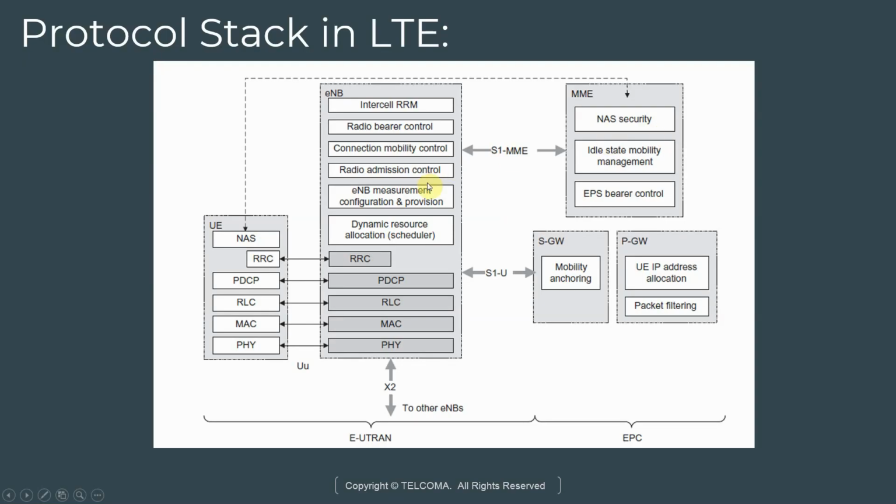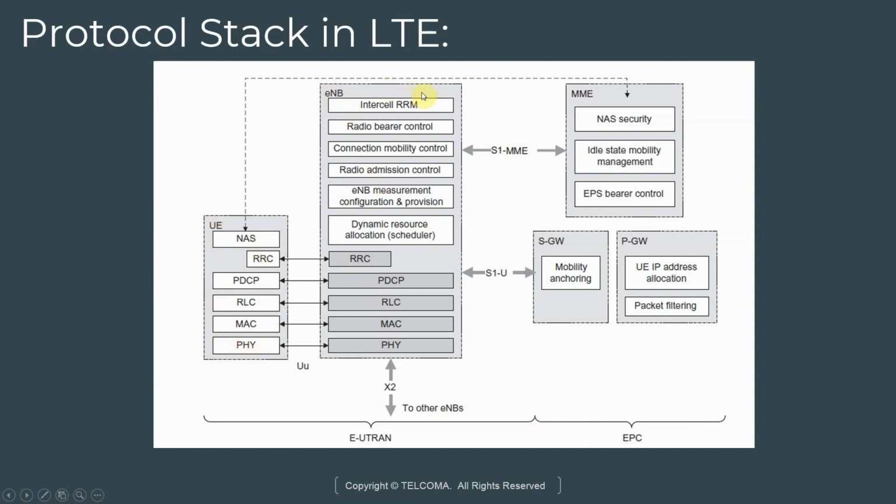So this picture here shows the protocol stack in LTE. As you can see, we have divided it into two parts. We have the E-UTRAN part up until here, and then we have the EPC part from that point on. Now you have the UE that's represented here.